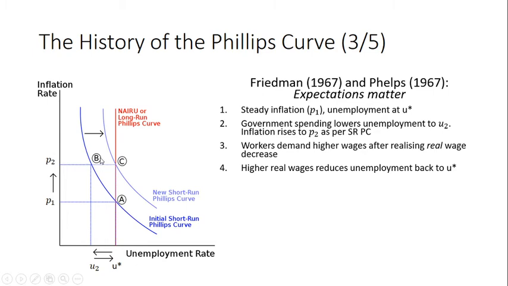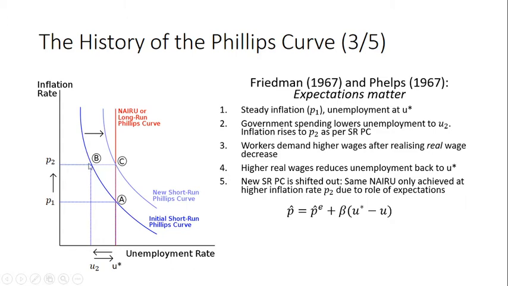Why? Because when the workers start demanding higher wages, and because there's greater competition between firms to employ labor, wages go up, and the firms cannot afford to pay so much, and therefore there's this fallback to this supposedly natural rate of unemployment here at U star.